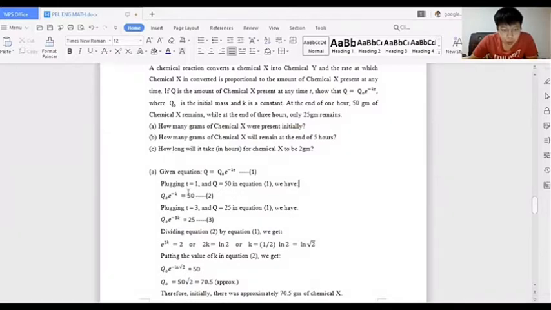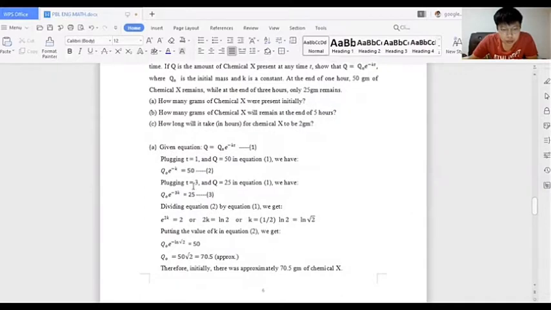Then we plug in T equal to 1, Q equal to 50, and we got the second equation. Next, we plug in T equal to 3 and Q equal to 25, and we got the third equation.